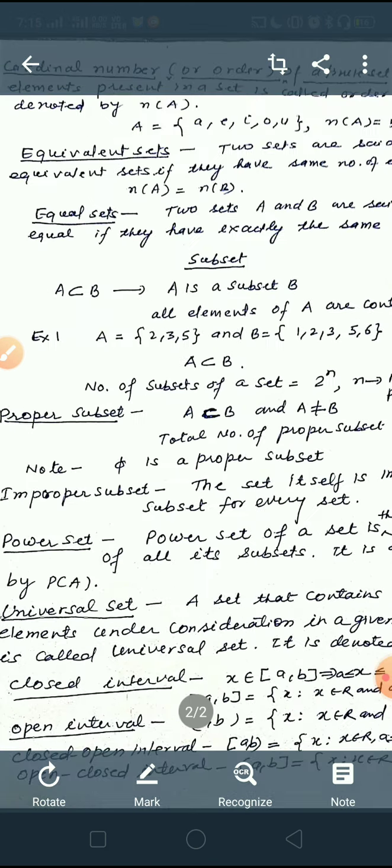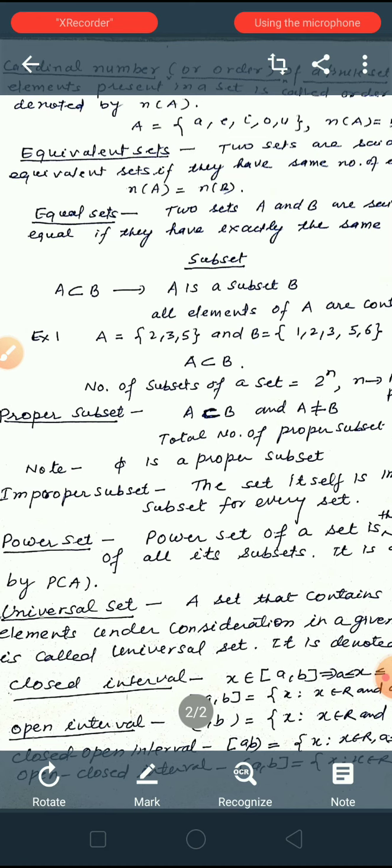Children, our next important topic is A is a subset of B. A set is said to be a subset of another set if all the elements of the first set are contained in the second set.